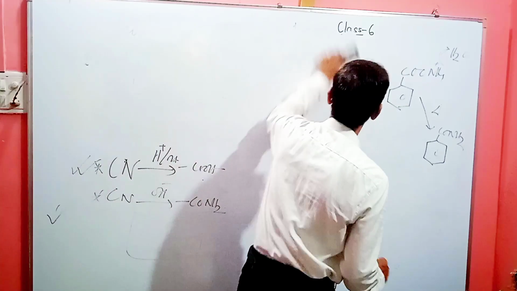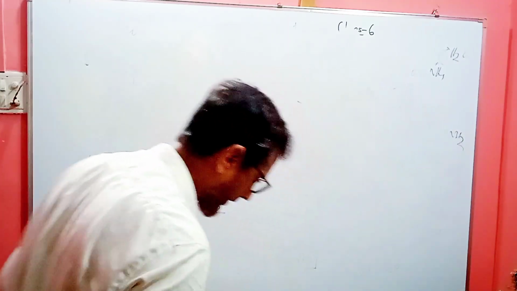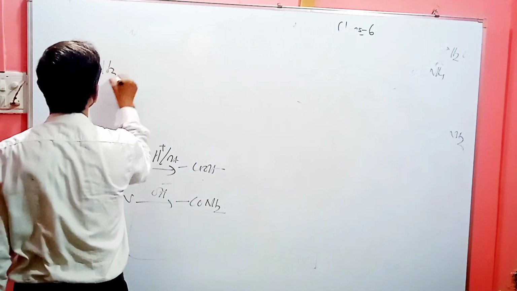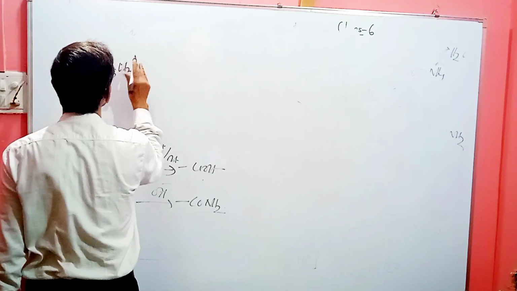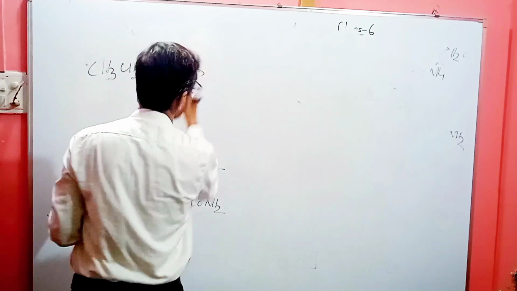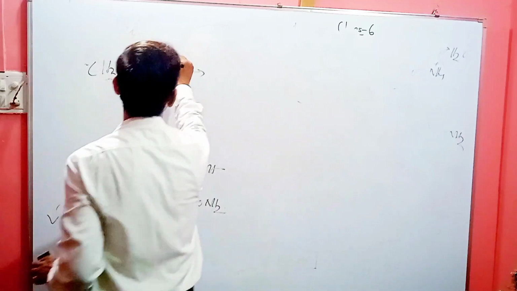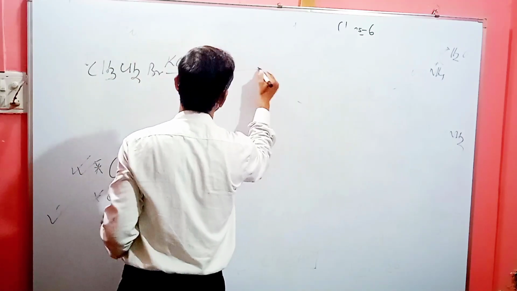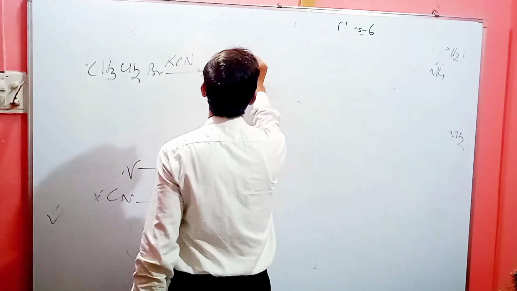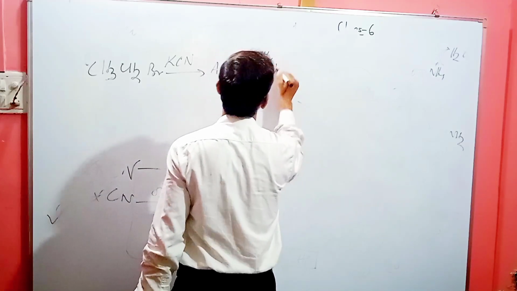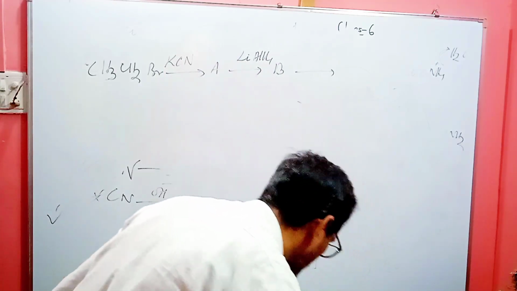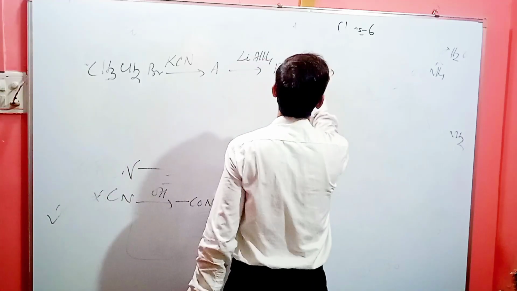So next one is CH3CH2 with KCl, answer A. That is lithium aluminum hydride, answer is B. And then nitrous acid.